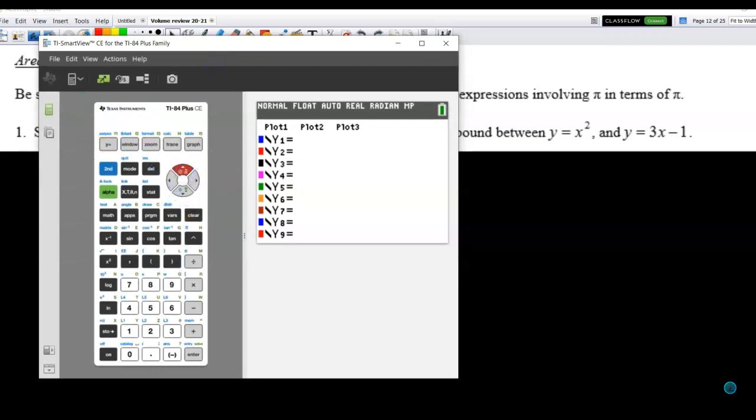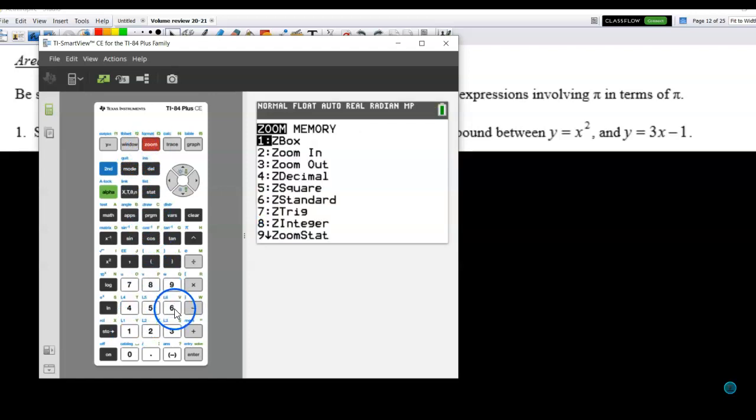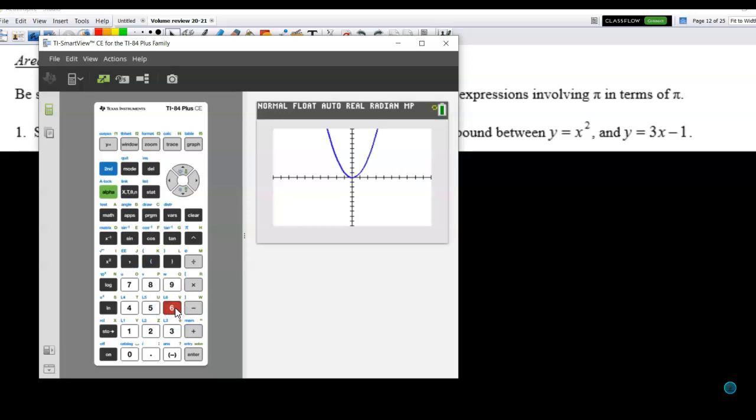I'm going to go into y number 1, and our first function is x squared, and our second function is the line 3x minus 1. I always start with a standard viewing window, which is a zoom 6.